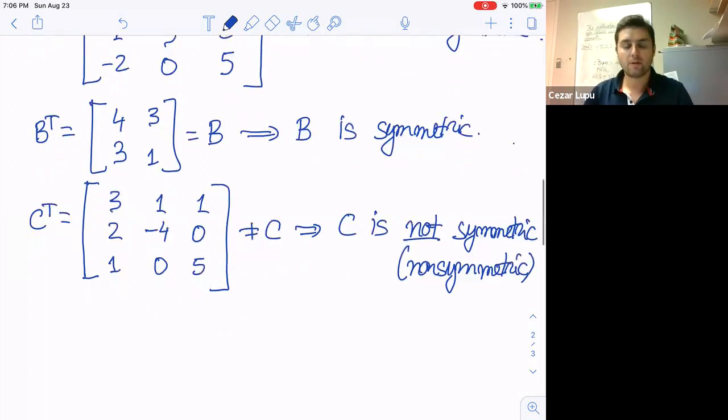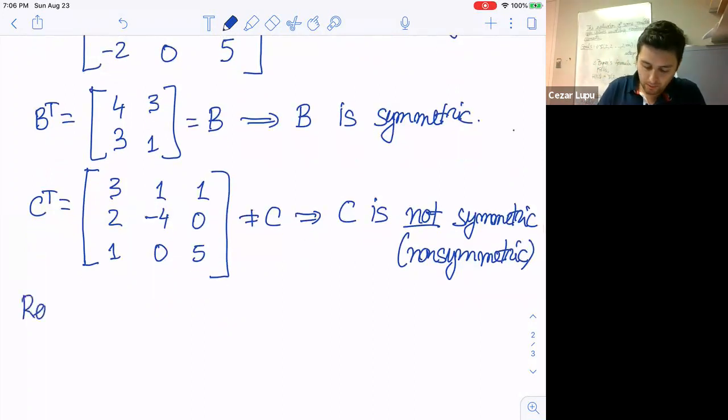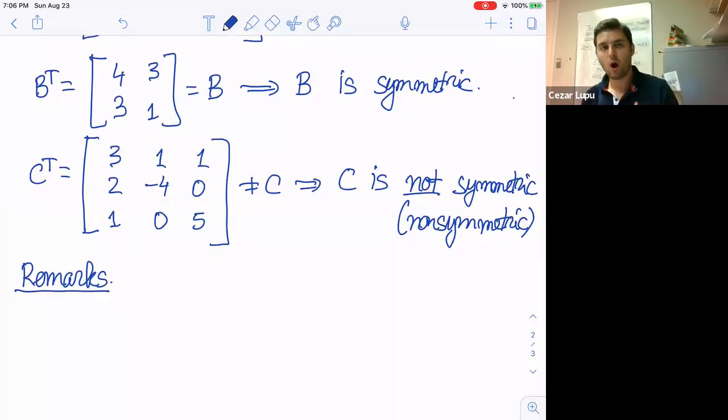Now let's point out some remarks before we say a bit more about the properties of symmetric matrices with respect to their eigenvalues and eigenvectors.